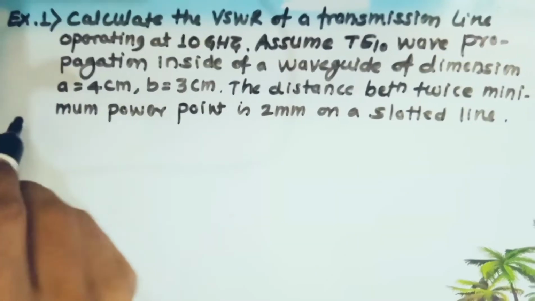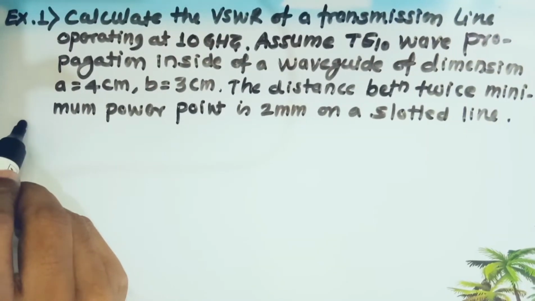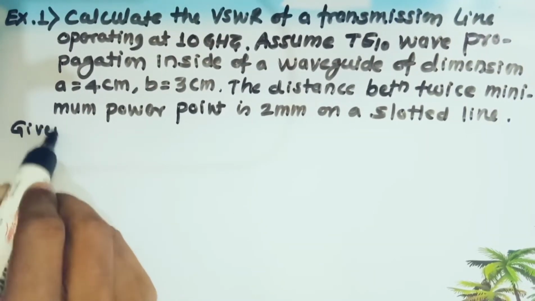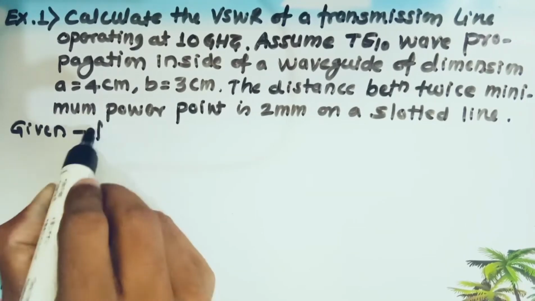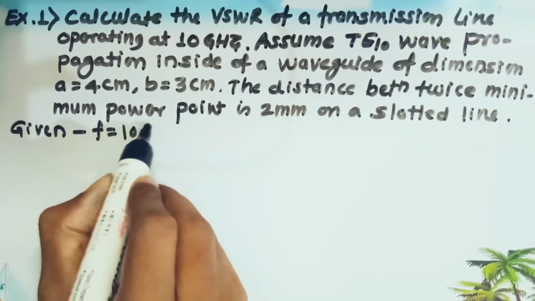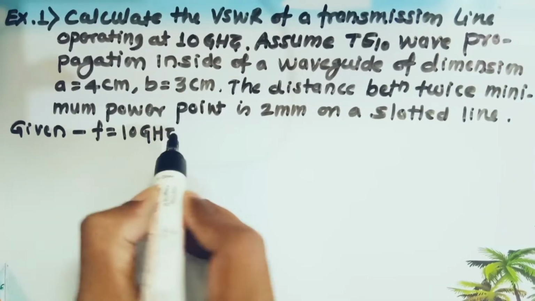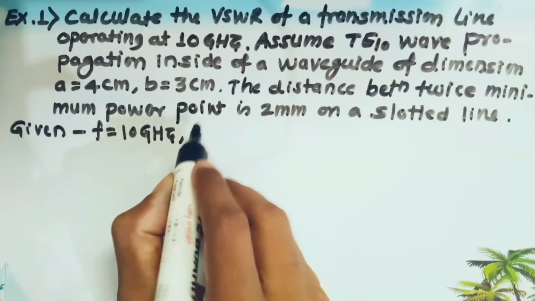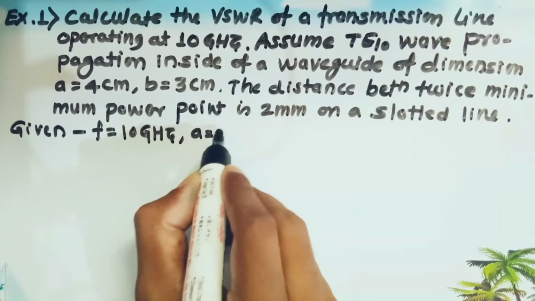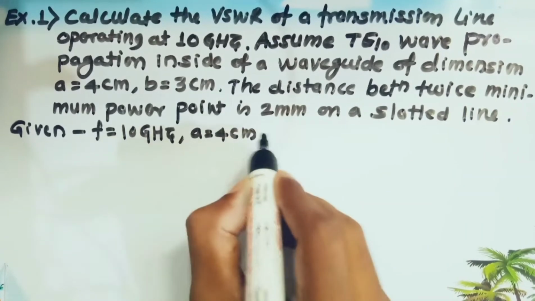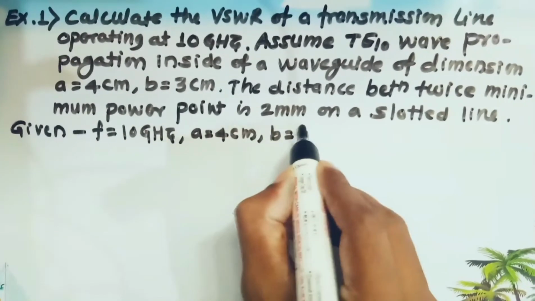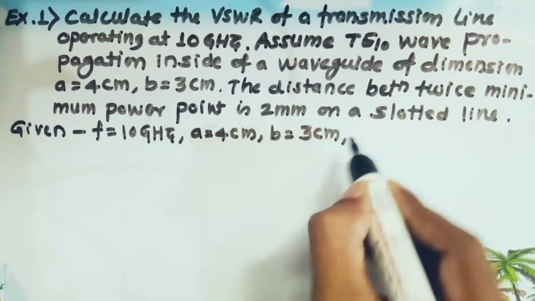So first we are going to write the given quantities. The frequency is given, that is 10 GHz. Then the dimensions are given, A equals 4 cm, B equals 3 cm.